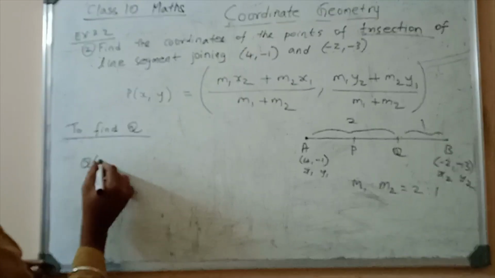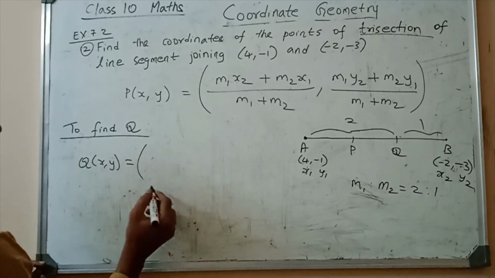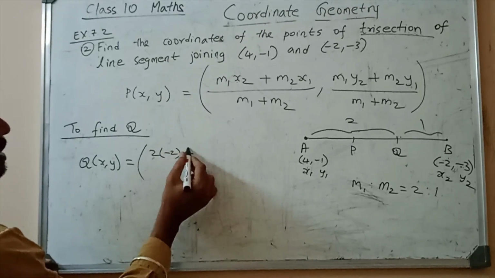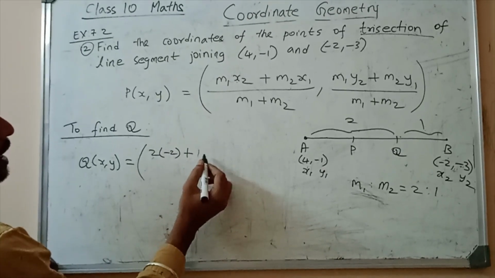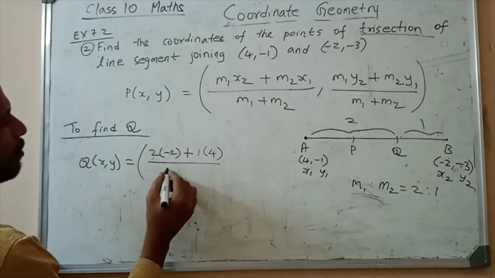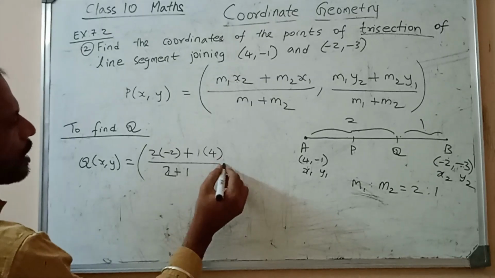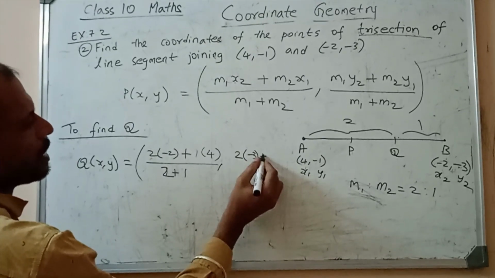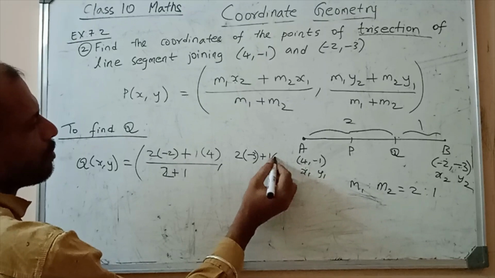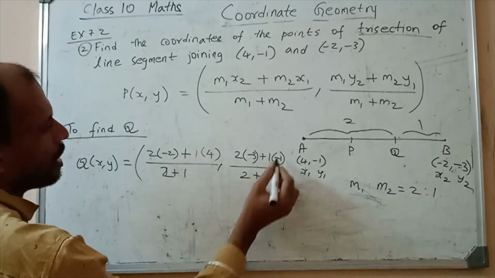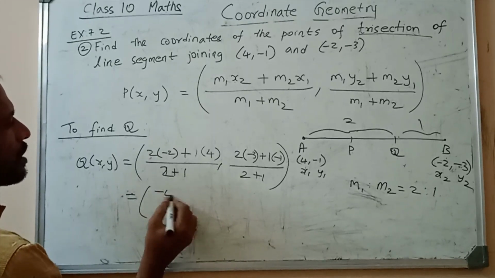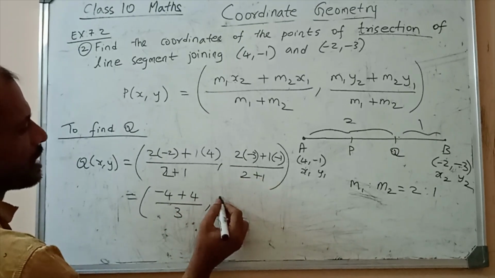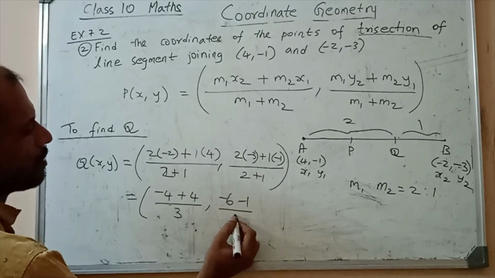So now Q of x comma y is equal to m1 x2, m1 value 2, x2 value minus 2, plus m2 x1, m2 value 1, x1 value 4, divided by m1 plus m2, 2 plus 1, comma m1 y2, m1 is 2, y2 value is minus 3, plus m2 y1, m2 value 1, y1 value minus 1, divided by 2 plus 1, is equal to 2 into 2 minus 4, 1 into 4 plus 4, divided by 3, comma 2 into minus 3 minus 6, 1 into minus 1 minus 1, divided by 3.